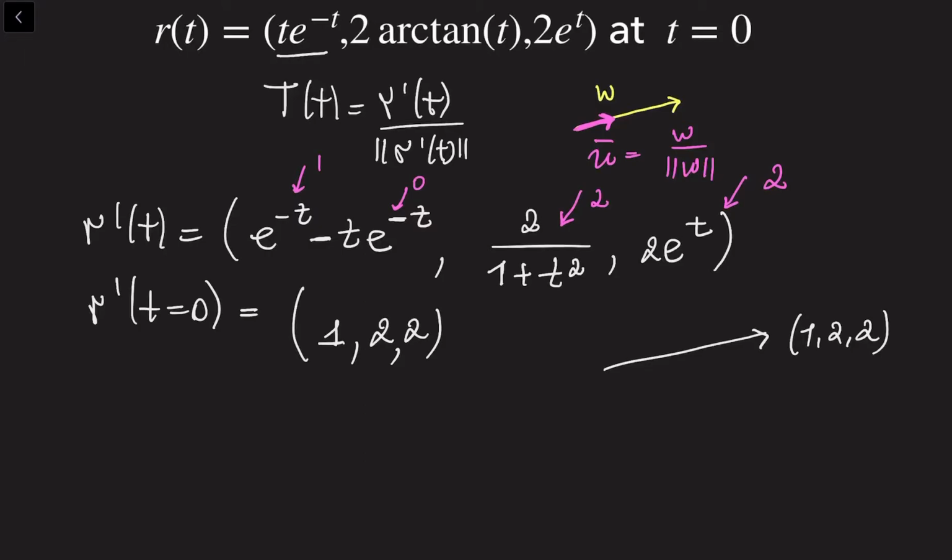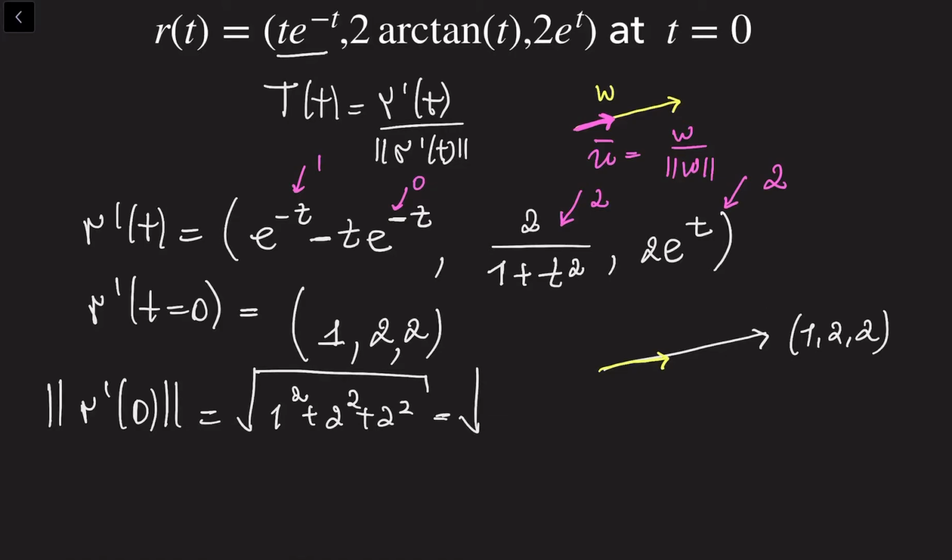We need to find a vector in the same direction, but the unit one. In order to do this, we just need to find the norm of this vector and divide the vector by the norm. So the norm of r prime of 0 is going to be equal to the square root of the sum of the squares of the components. It's going to be 1 squared plus 2 squared plus 2 squared, or basically 1 plus 4 plus 4, which is 3, right?